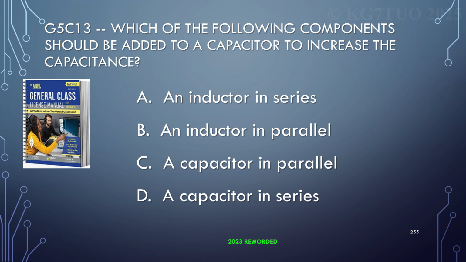A and B aren't capacitors, so chuck those out. The only real question is, do we want to put it in parallel or series to add to the capacitance? Dave a minute ago told you that we're adding to the plate or the insulation gap. That's my guess. Pretty good guess.